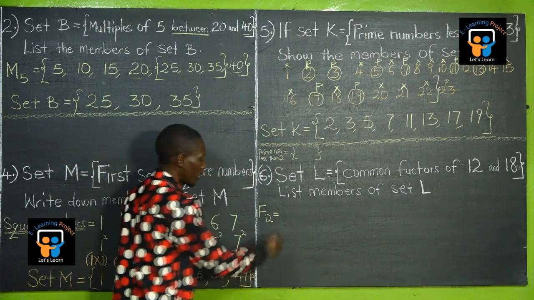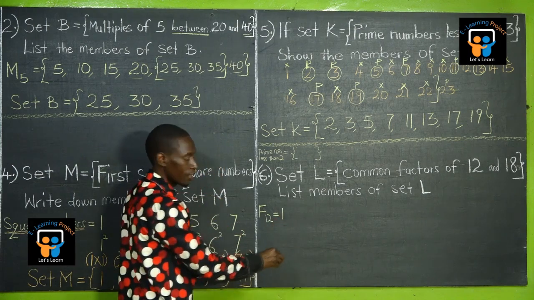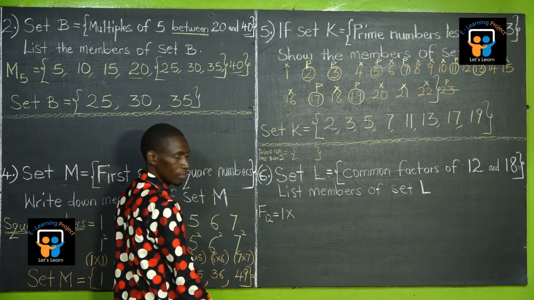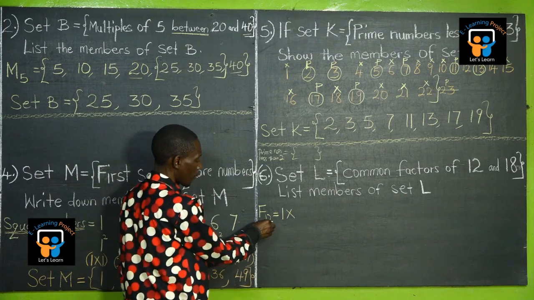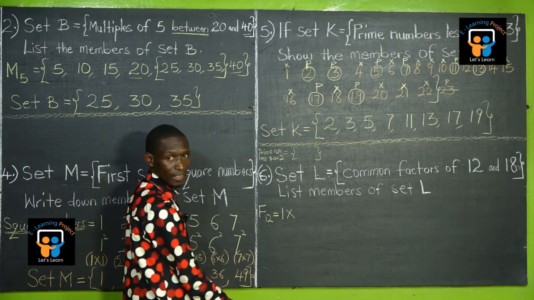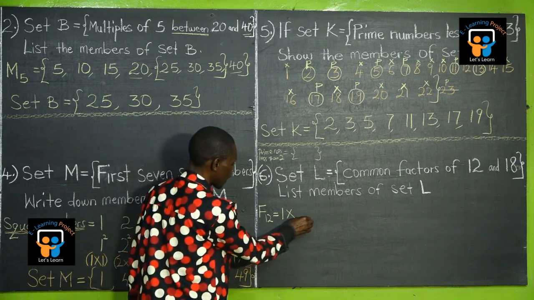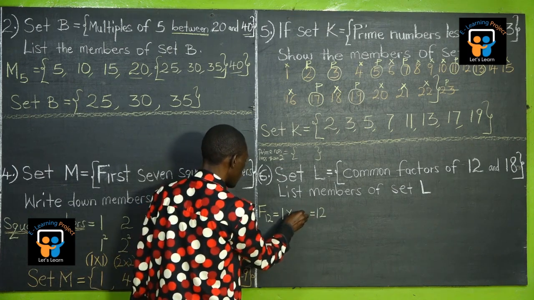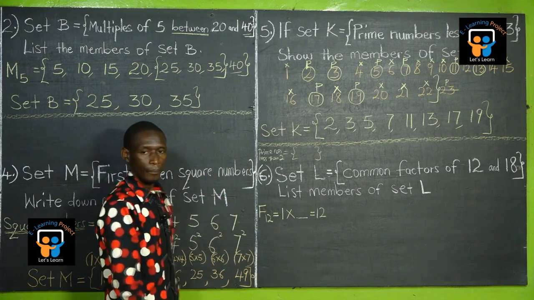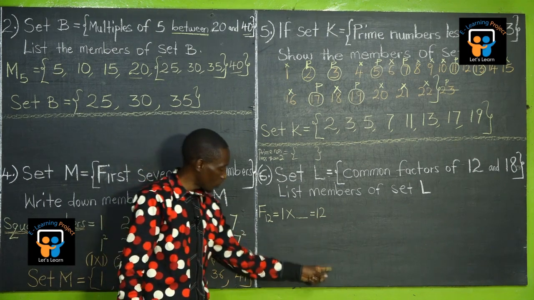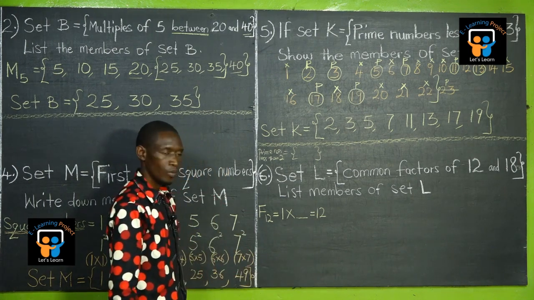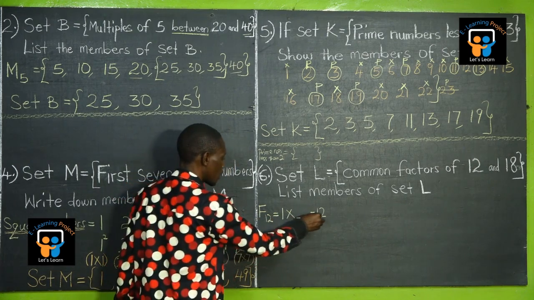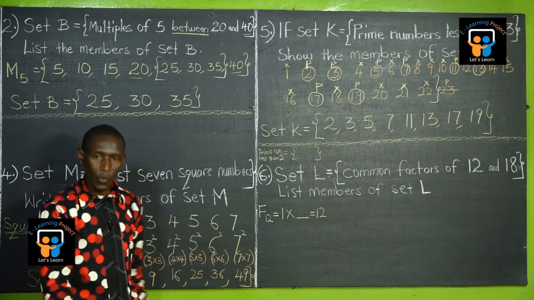How? 1 times 12 itself. 1 times, okay, let me see what we shall put here to get 12. What do you put here to get 12? Because all of these answers here are going to be 12. 1 times, which digit is here to get 12? Good, it is 12 itself.